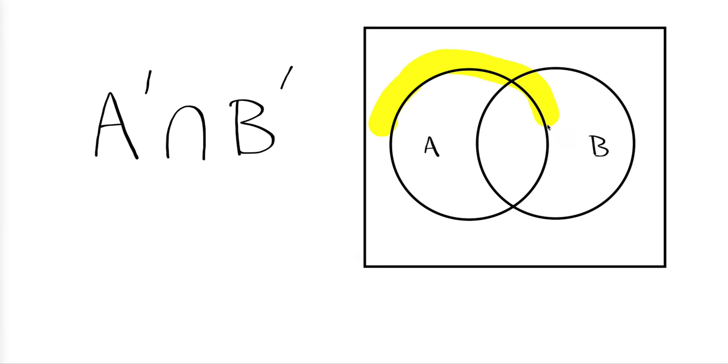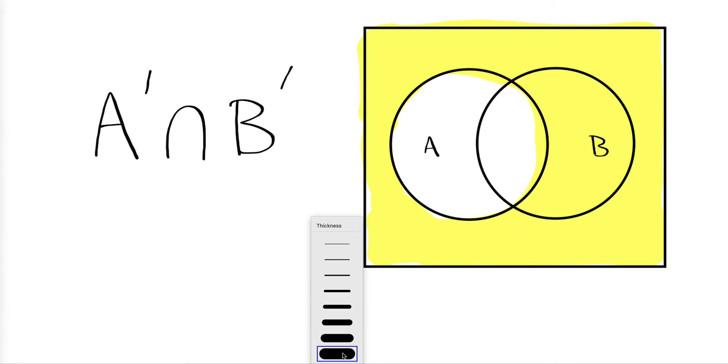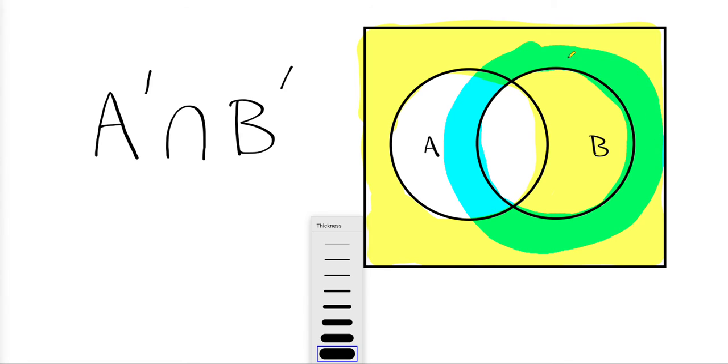A prime outside of A is really bad. Let's pretend I passed kindergarten and I can color in the lines. Okay, so there's A prime outside of A. B prime outside of B.